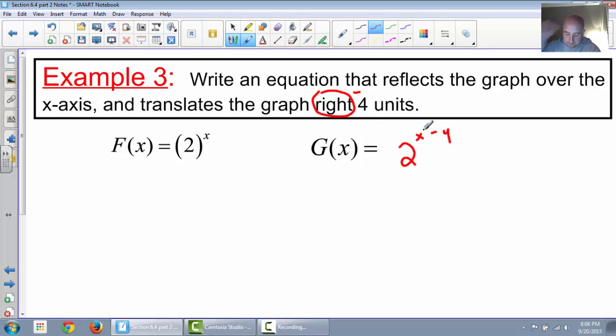So there's my minus 4. And then lastly, we want to reflect over the x-axis. So that means we have to take the whole function and make it a negative. So I'm just going to put parentheses around it, and I'm going to make it a negative, and that will reflect us over the x-axis. And the minus 4 is going to move it 4 to the right.